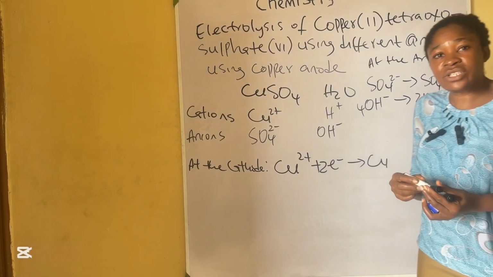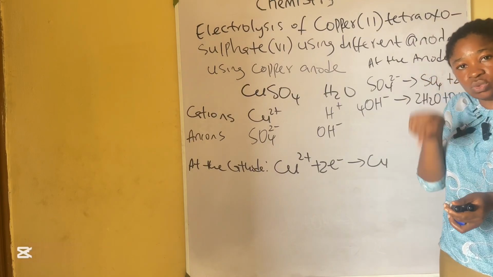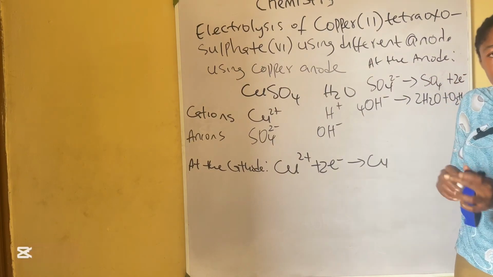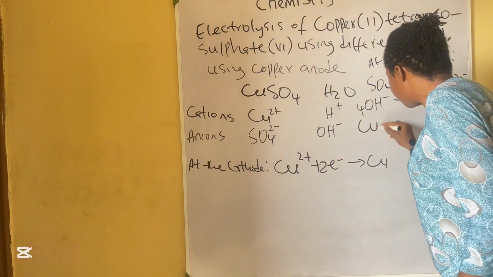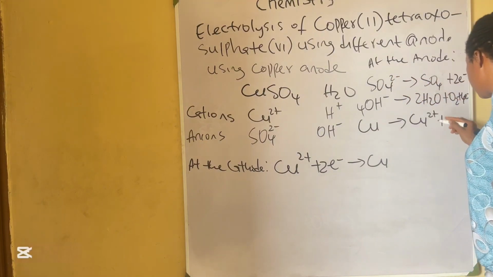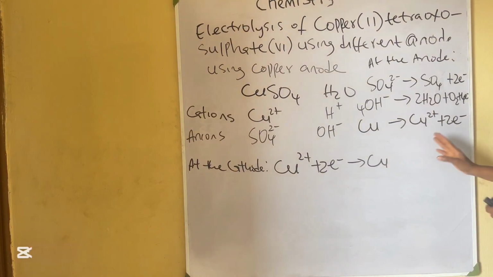Then the copper electrode can give up electrons and dissolve in the solution to form copper 2 ion. These are the 3 possibilities.